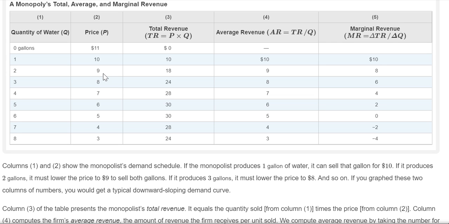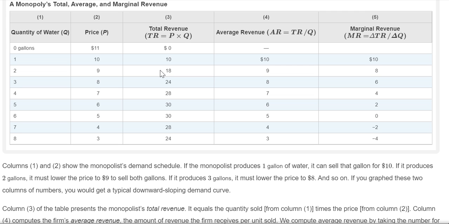Well, the total revenue is again price times quantity. 2 times 9, 18. So we have 18 as our total revenue. Now you basically understand total revenue. It's simply price times quantity.